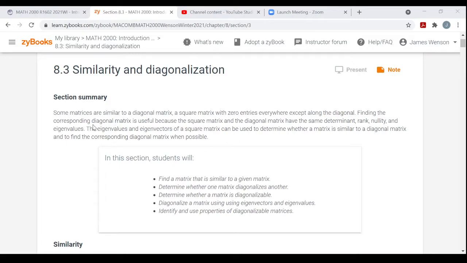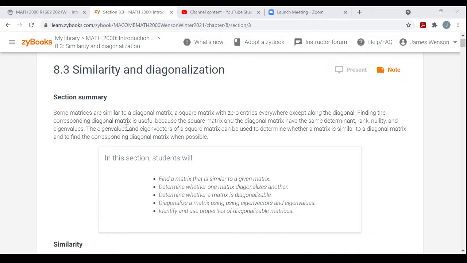Finding the corresponding diagonal matrix is useful because the square matrix and the diagonal matrix have the same determinant, rank, nullity, and eigenvalues, right? So it's going to be really nice to know that when two matrices are similar, they'll have the same determinant, rank, nullity, and eigenvalues.